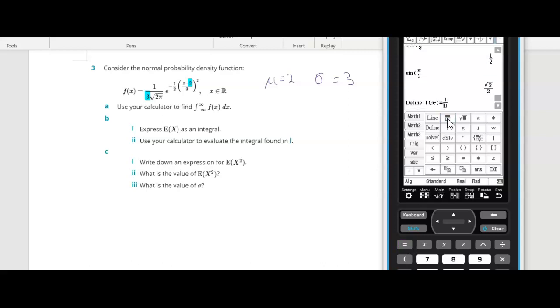While I'm doing this, you can put it into your calculator too. Just make sure everything goes in properly. There's a lot going on here. Oops, I need that. X minus 2 over 3.